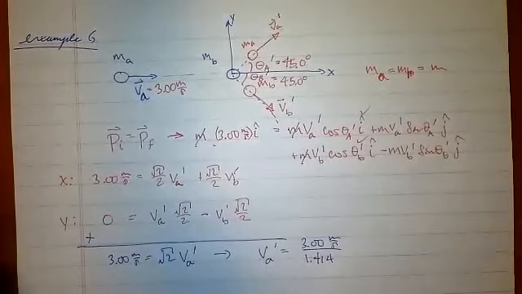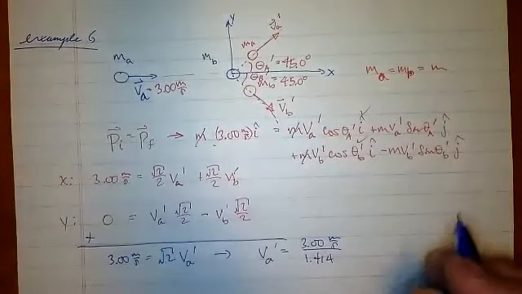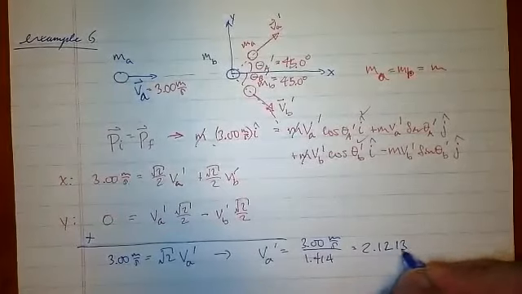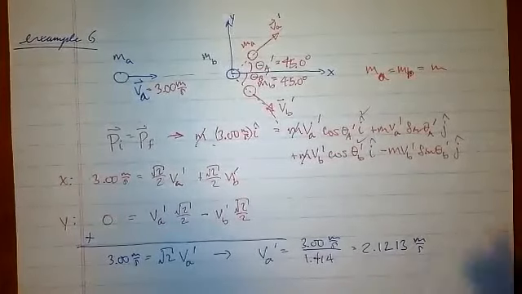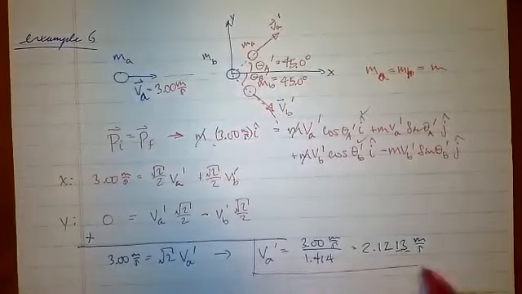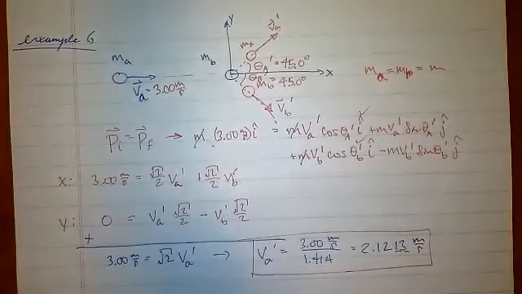So 3 divided by square root of 2, and that's 2.1213 meters per second. Obviously, I put in 3 sig figs, so these two are extras. So I now have one of my velocities, VA prime, is equal to that.